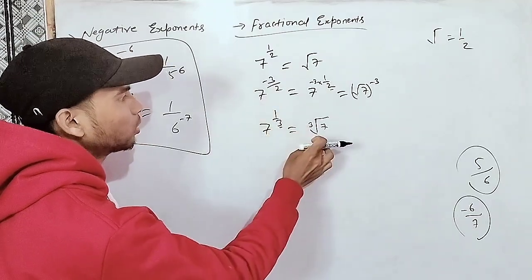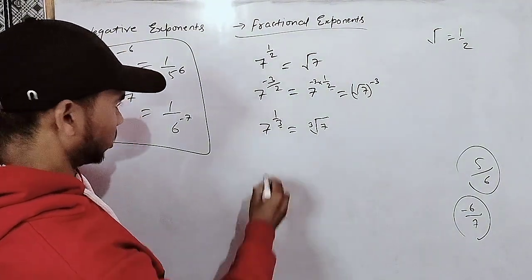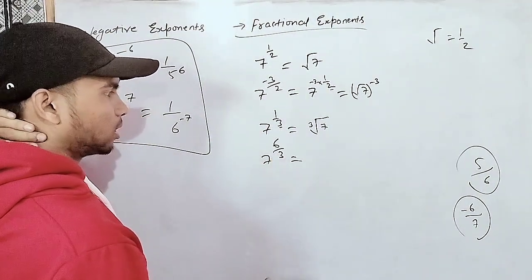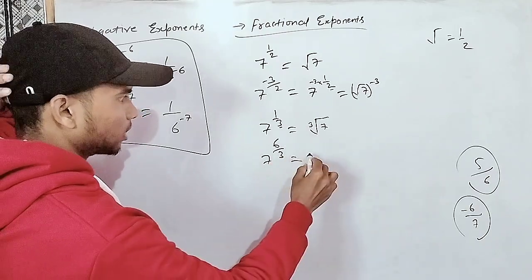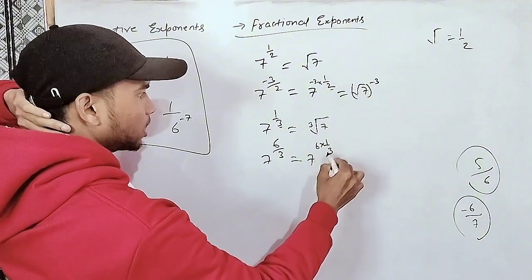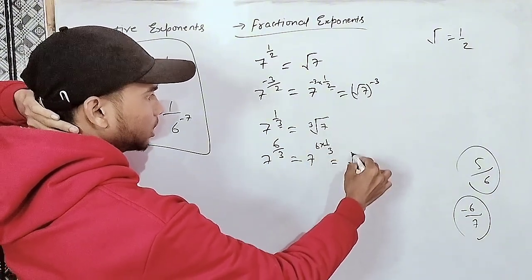Now 1 by 2 we use as root. Let's say we have 6 by 3. Can we write it like that, 6 multiplied by 1 by 3? Now we have 7 and 1 by 3.